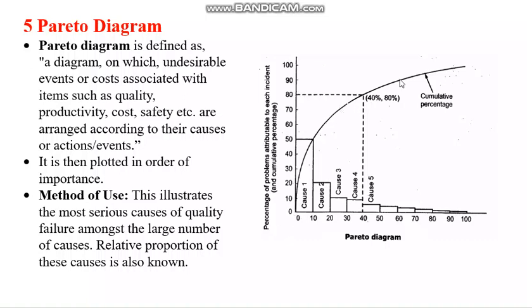Then you can plot the cumulative percentage in this way. When you plot, add those things together. The first one is up to 50, so from 0 it has gone to 50, and then adding 20 it should go up to 70.